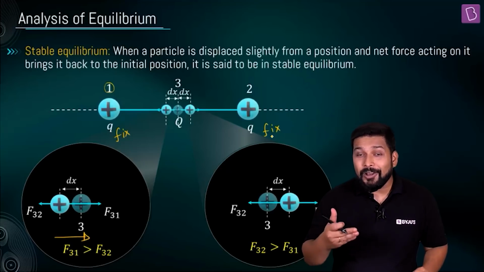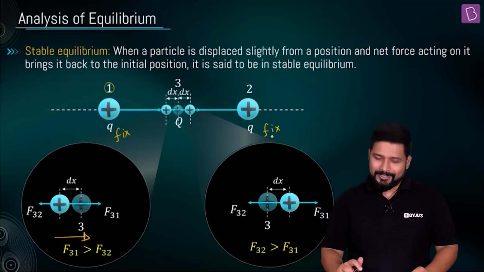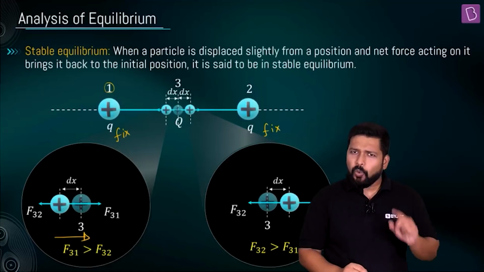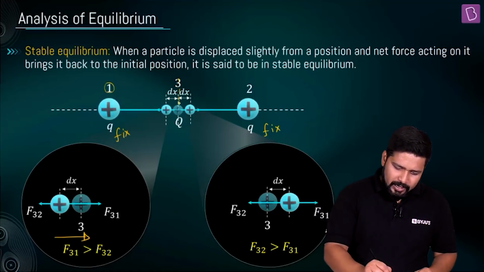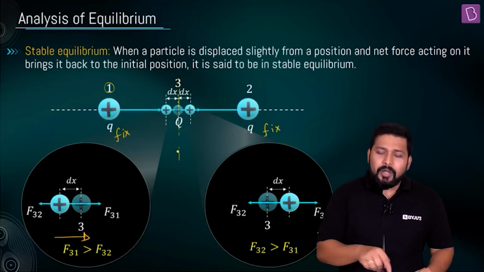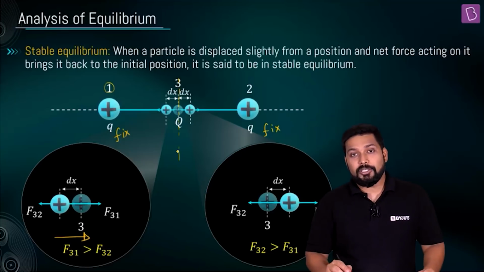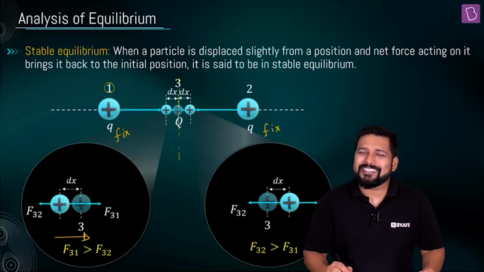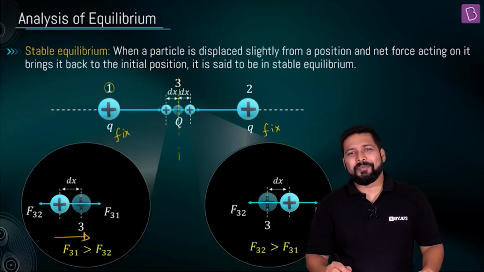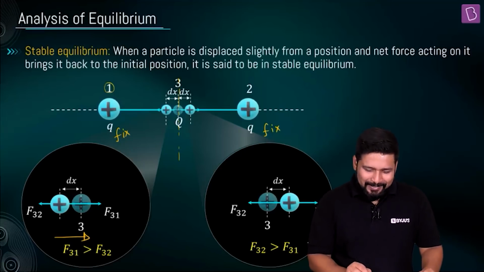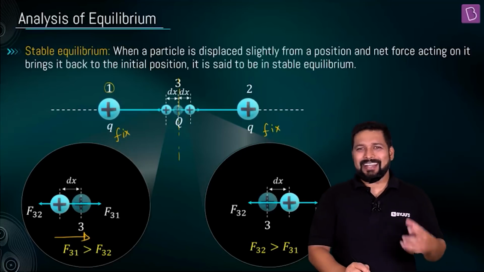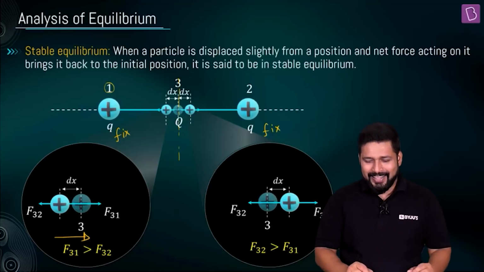Along which line? Along the line joining the 2 charges. What if I had displaced it along the line perpendicular to the line joining the 2 charges? Then what would happen? Will it still be a case of stable equilibrium or not? All right, that is something interesting. That is what we are going to study next.